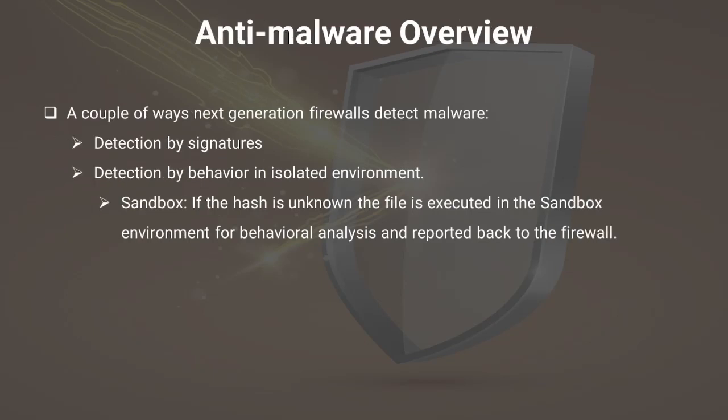So how do next generation firewalls detect malware? Well, there are two ways. One is normal, by using signatures. So the firewall analyzes the payload of traffic and is searching for a known signature, a known hash of a known infection.